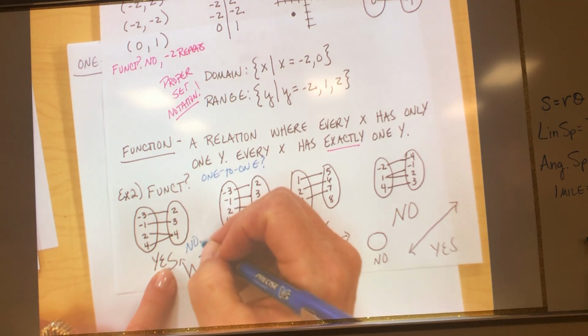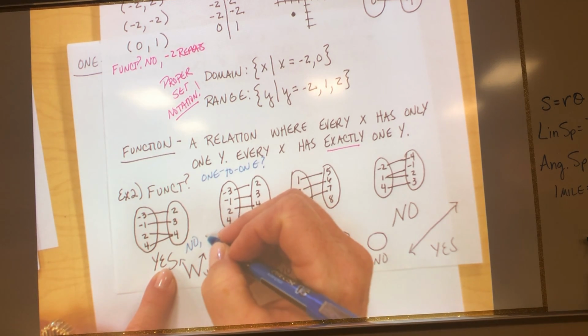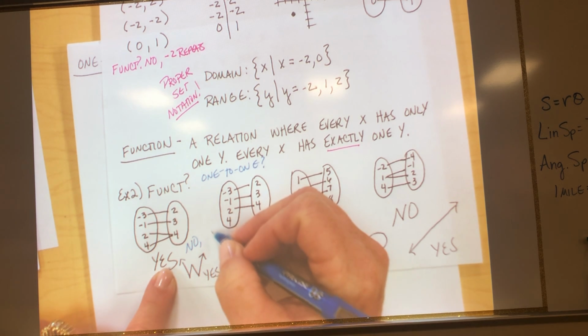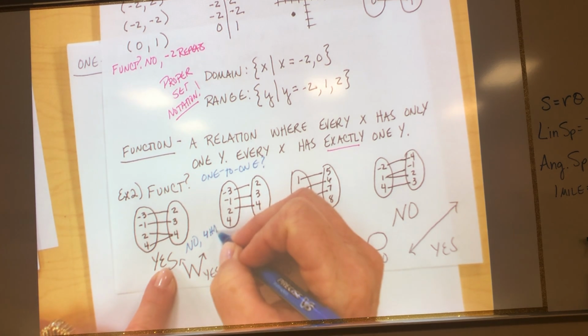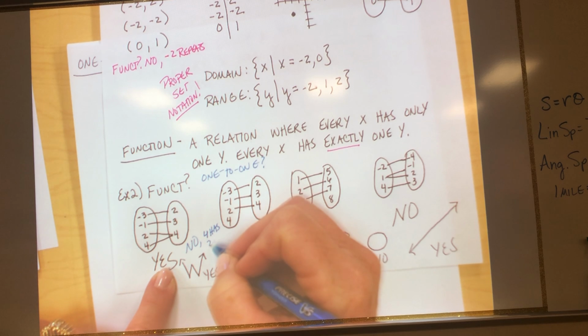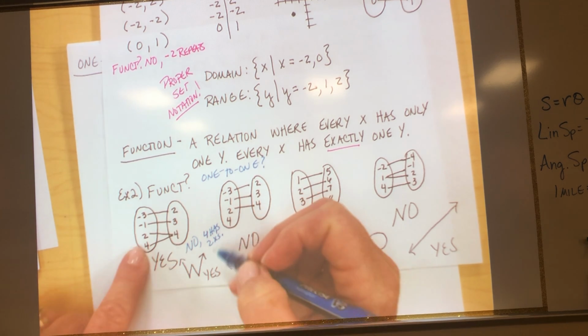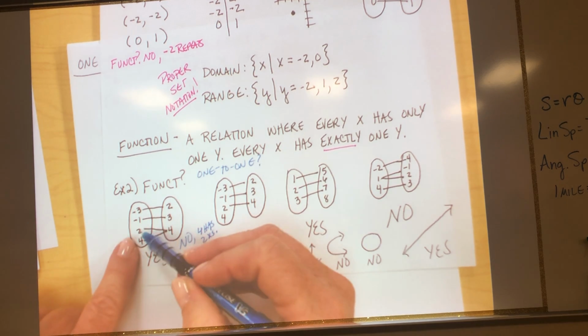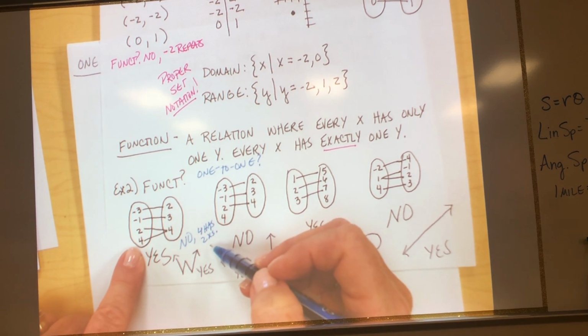There's two 4s. 4 has two x's. These are my x's, these are my y's. 4 has two x's. He's mapped to 2 and he's mapped to 4, so that's why.